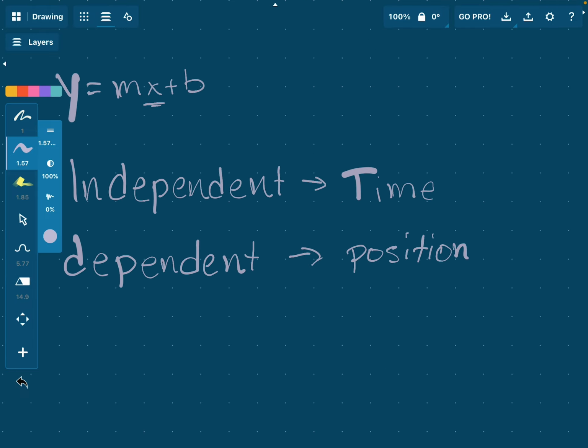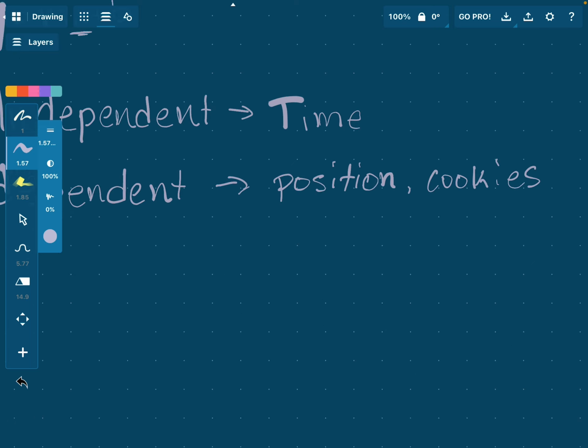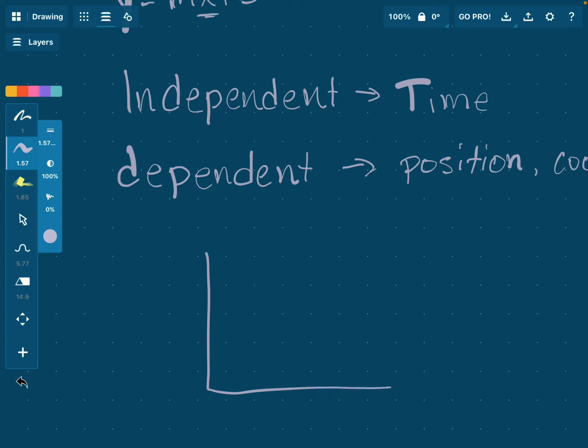We can also change it to be anything really, so time and cookies, right? Like if you're somebody who bakes a lot of cookies, then that would kind of look like a step function. So here, this is our first batch of cookies that we make. This is time down here.